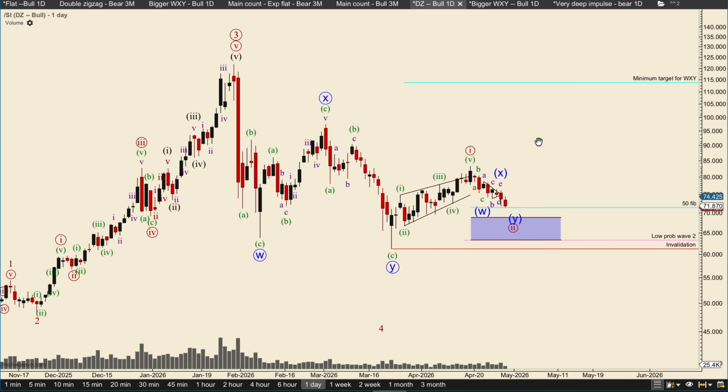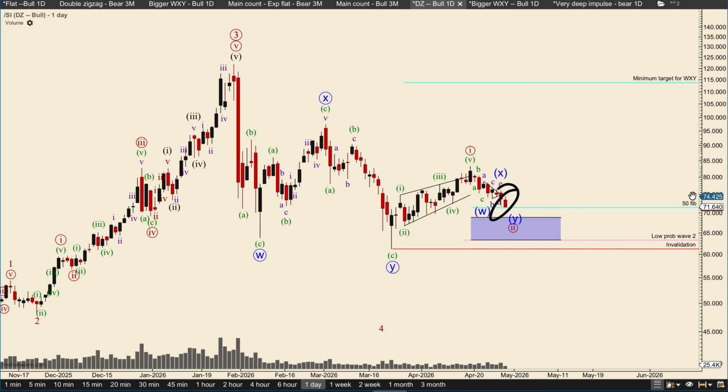So if you are a bull, you would like it to move down into this target area here at 68.8 and here at 63.3, because this is a more common target after a leading diagonal.